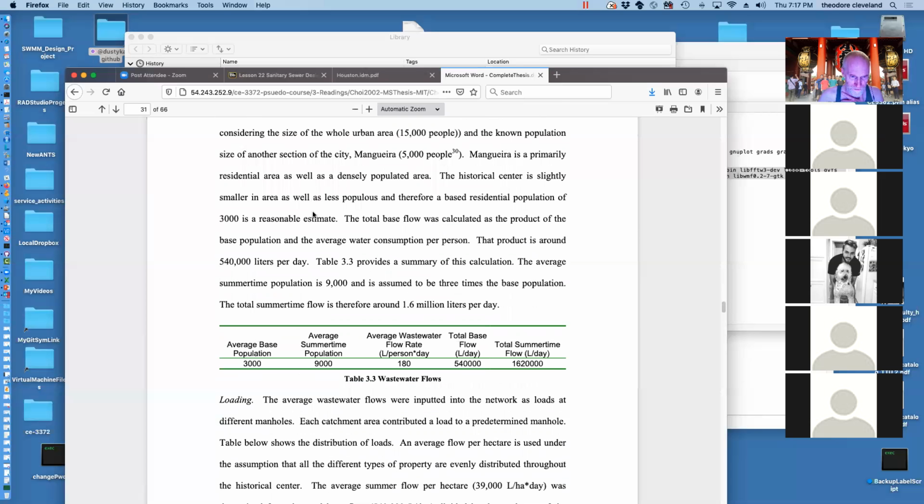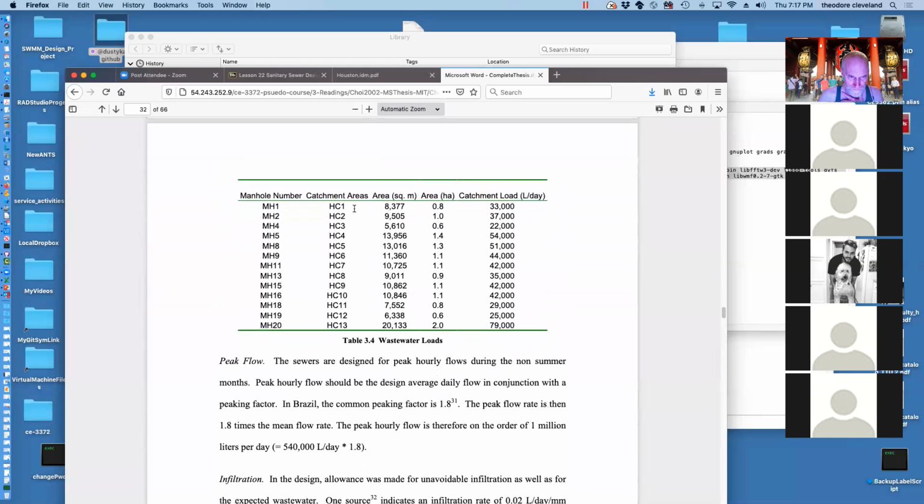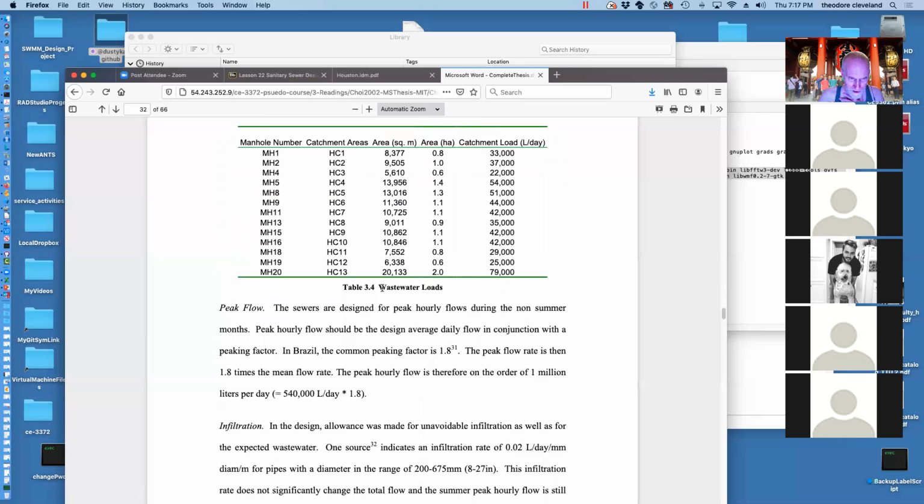Average daily flow, in this case based on population, loading, sewage catchment areas. This is almost the same kind of tabulation that you do for stormwater, only it's sewage water.